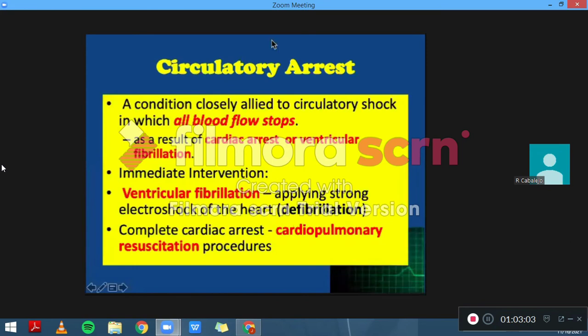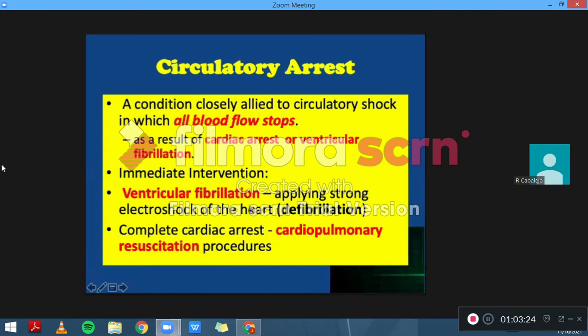So circulatory arrest is a condition closely allied to circulatory shock in which all blood flow stops as a result of cardiac arrest, asystole, or ventricular fibrillation. So the immediate intervention would depend on rhythm.